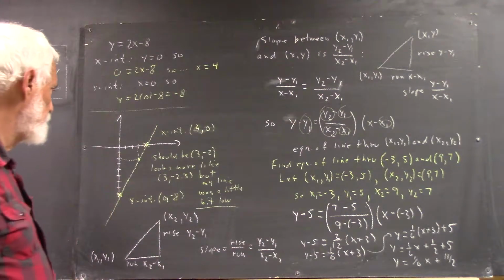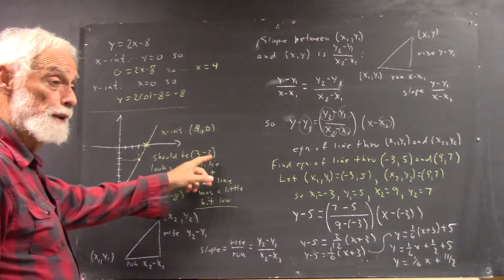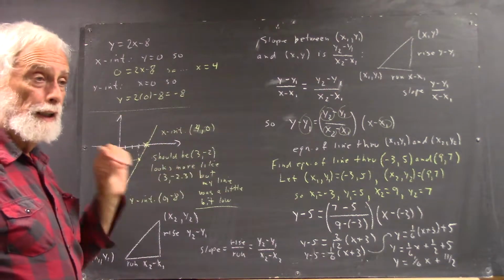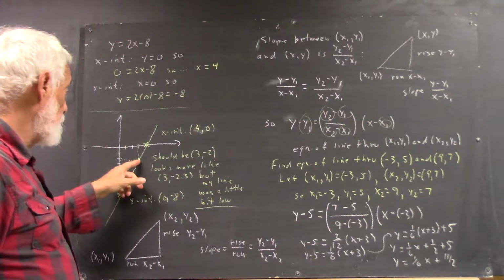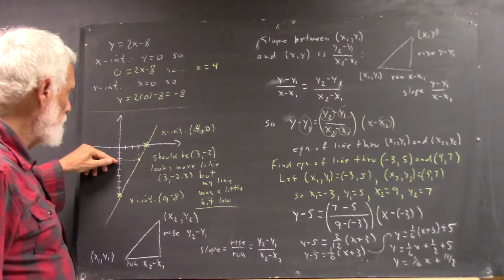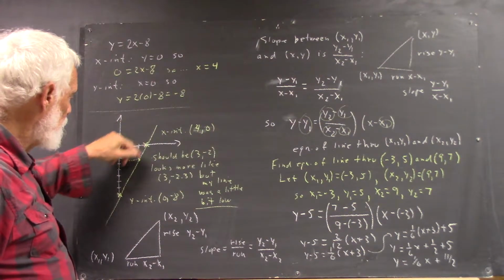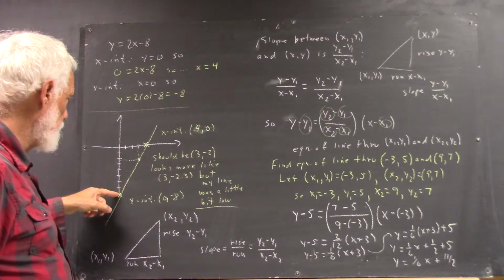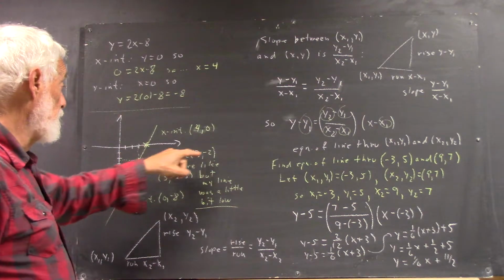Okay, well, the point where x equals 3 should be negative 2, because remember the point 3, negative 2 was given as the point that we knew on this line. So this point should be 3, negative 2, but if we come over to 3 and down, we come a little bit lower than negative 2. But of course, as I just said, the whole graph is just a little bit low, and I think if I had gone through this point and this point a little more accurately, we would have come out pretty close to 3, negative 2.